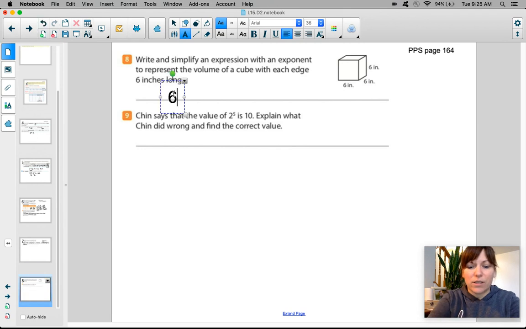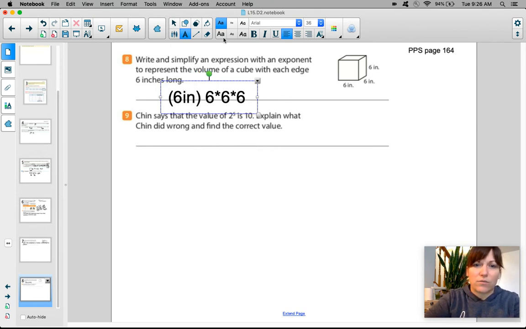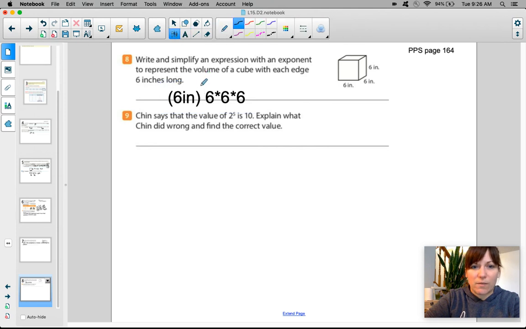So we're going to do 6 times 6 times 6. Okay, there we go. As our expanded. Okay, so let me back up and show you the 6 inches is being cubed. And I have to actually write that exponent in with my pen because that's just easier.